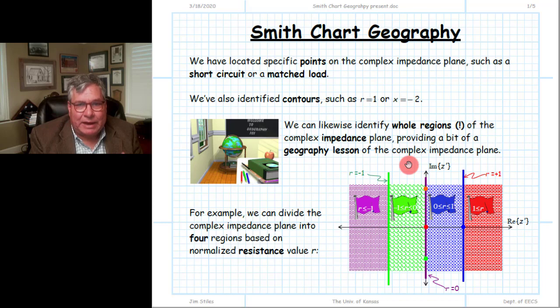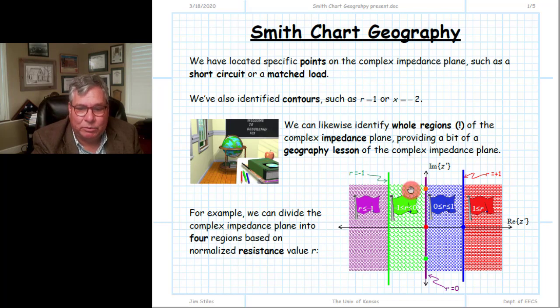As we move up, the reactive part of the impedances increase, and of course the reactive parts can increase to infinity. The boundaries of these regions are not defined at all by the reactive components, and so they must include all values from minus infinity to plus infinity.